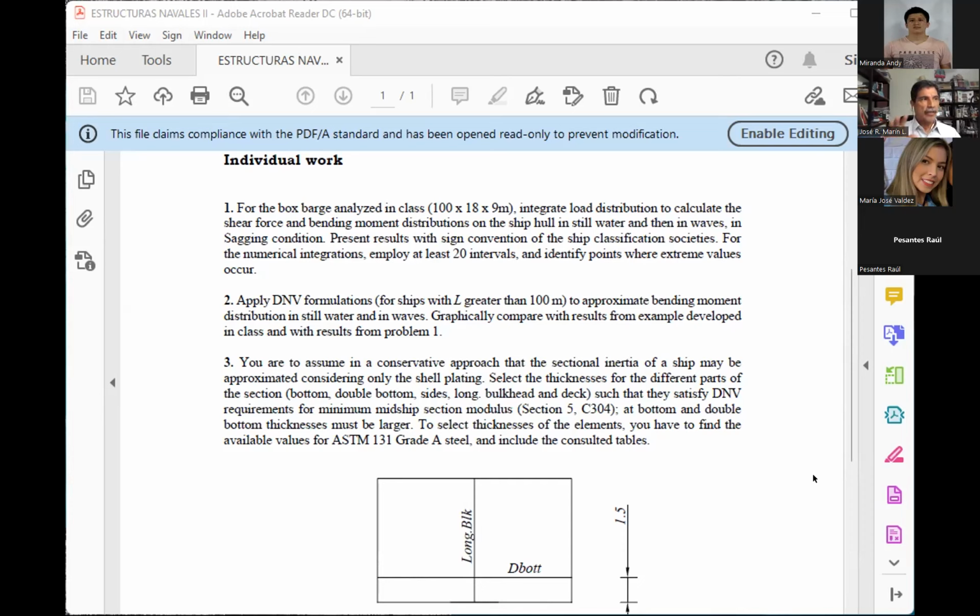Present results. So what I showed you here was, I think, a hogging condition. So what you have to do is the same, but in the sagging condition.